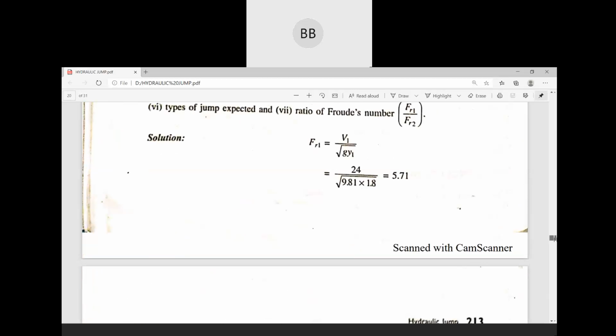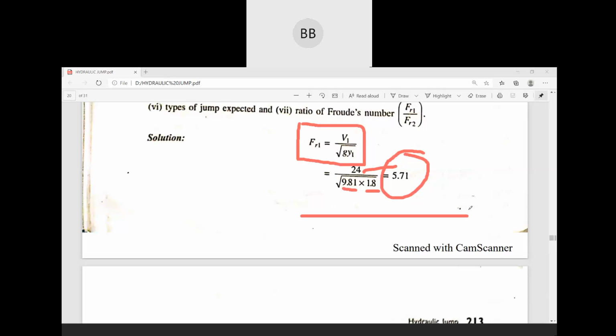Fr1 is the Froude number before the jump, so we have v1 divided by root over g y1. v1 is given as 24 meter per second, g is 9.81, and y1 is 1.8. So you can directly find the Fr1 value. Do the calculation and see whether you get the same value or not.